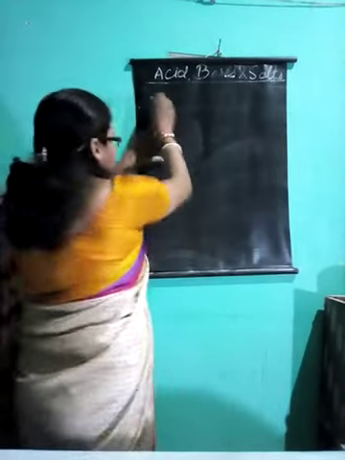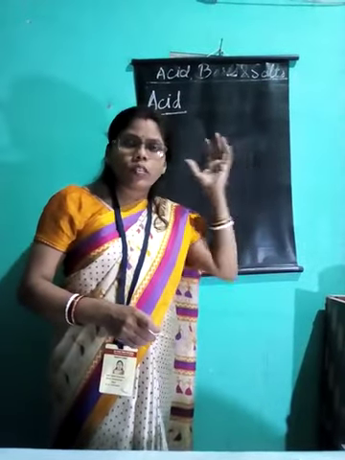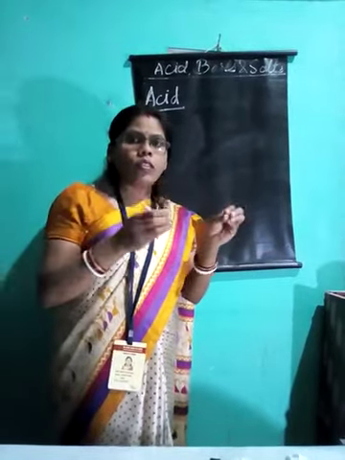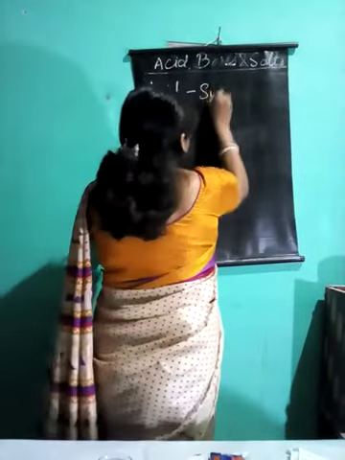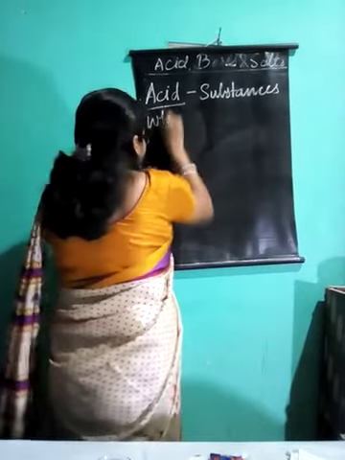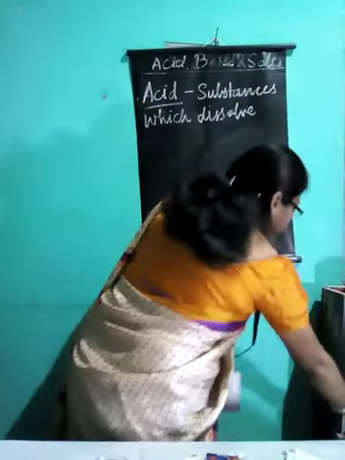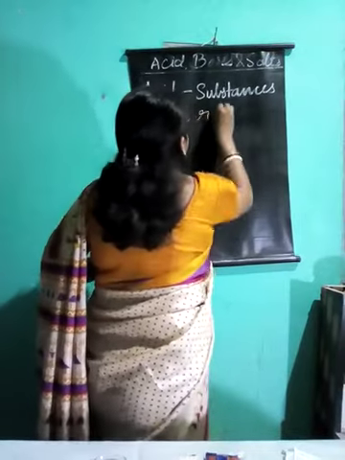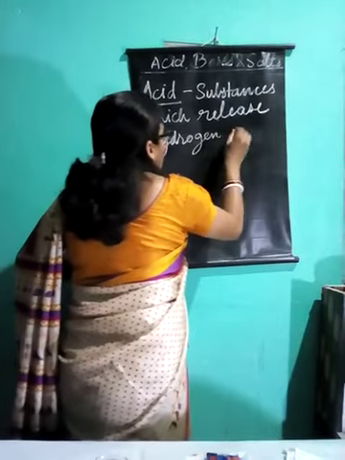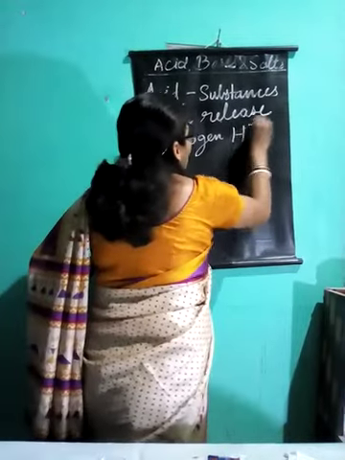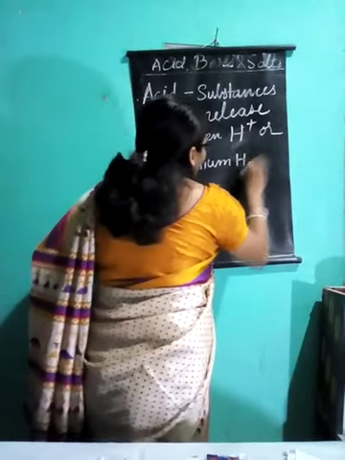What is an acid? Acid is a substance which, when dissolved in water, releases hydrogen ions, H plus, or hydronium ions, H3O plus.